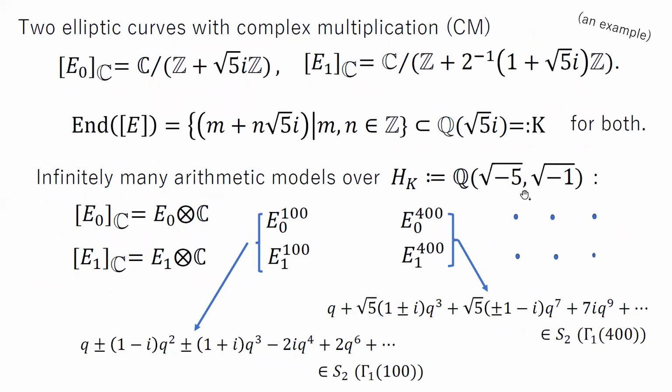And then the Hilbert class field is this field. Those two elliptic curves with complex multiplications are in one-to-one correspondence with the non-trivial ideal classes of the field K. So I've explained the upper half of the first slide in this presentation.